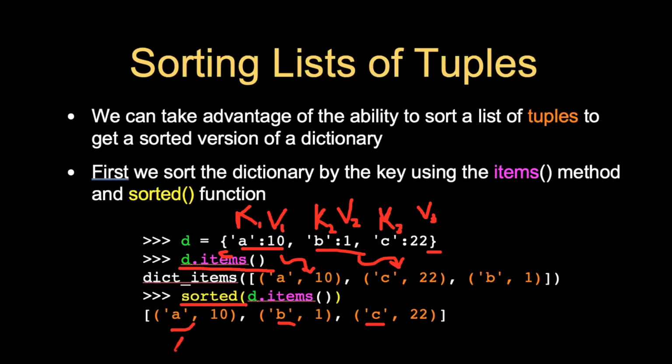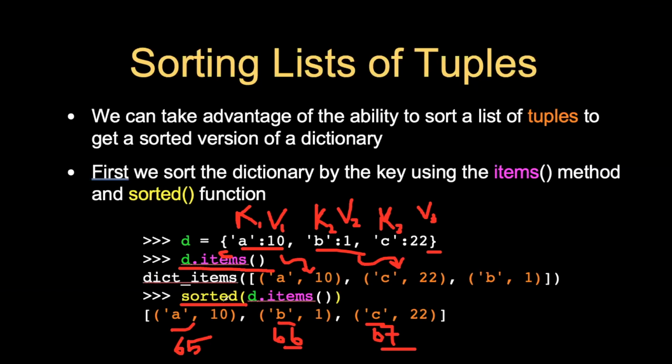So A, I think, is 65, if I'm not mistaken, then 66, and then 67. If not, then this is 97, 98, 99. I don't remember the upper and lower cases, but you can see lexicographical comparisons give you these values through ASCII comparisons.